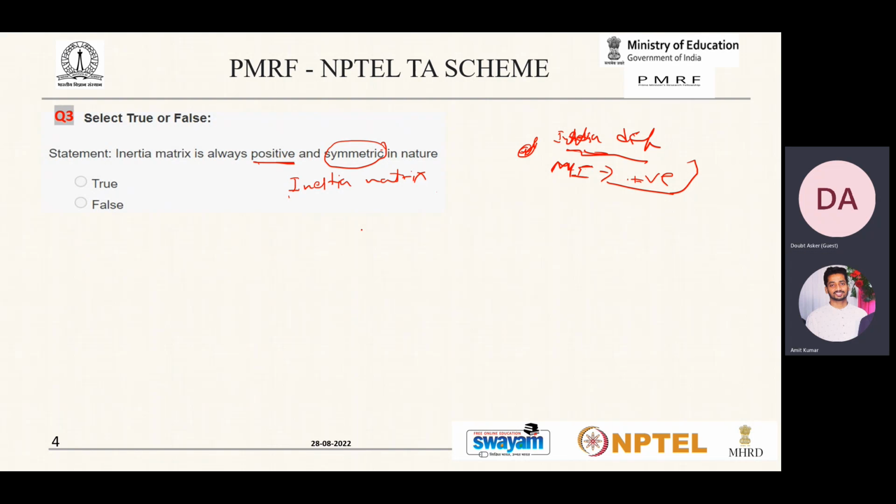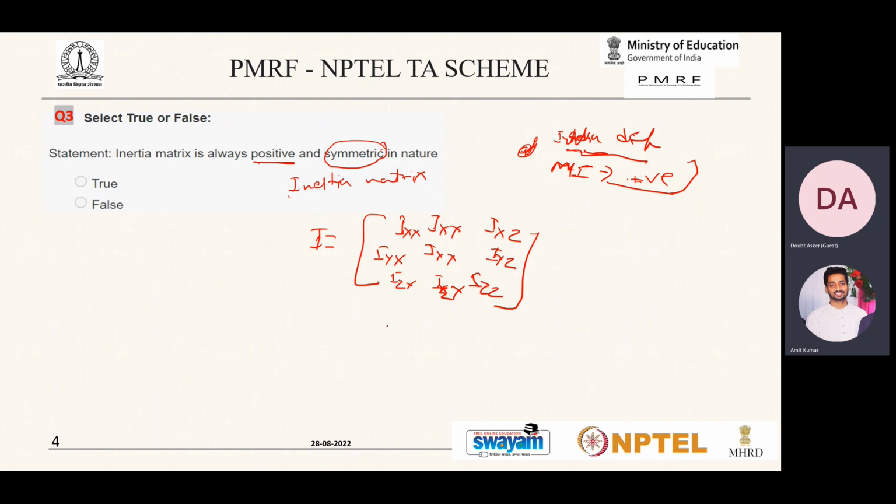When we talk about the inertia matrix, we will have entries like the moment of inertia in the x-axis compared to y or z, right? That means x-axis, then we have Ixy, Ixz, then here we have Iyx, here we will have Iyz, and then Izx, Izy, right?